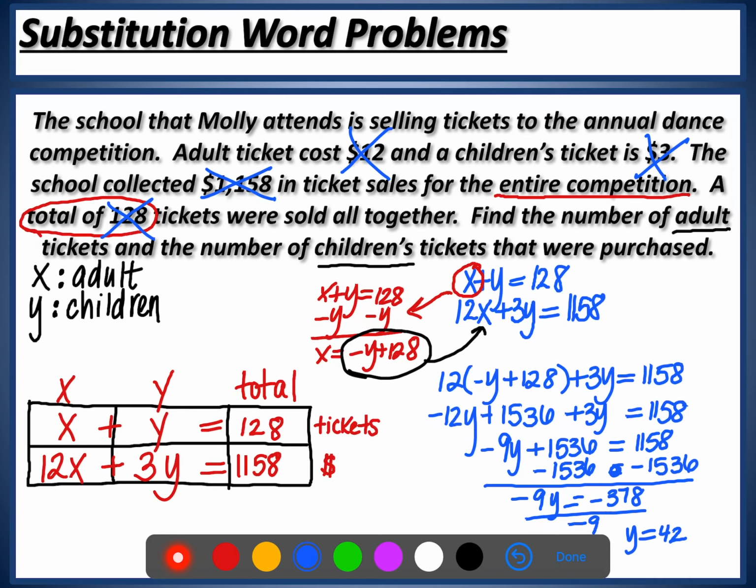Okay, so I get y equals 42, and remember that y represents children's tickets, and so for this situation to be reasonable, we would need a positive whole number as our answer. Okay, and now we're going to substitute back in to get our x. So I'm going to use my rearranged equation.